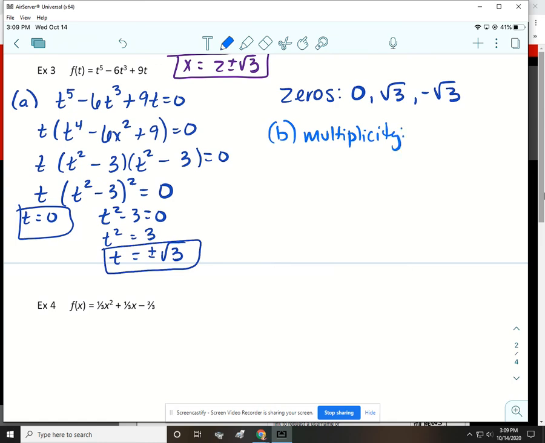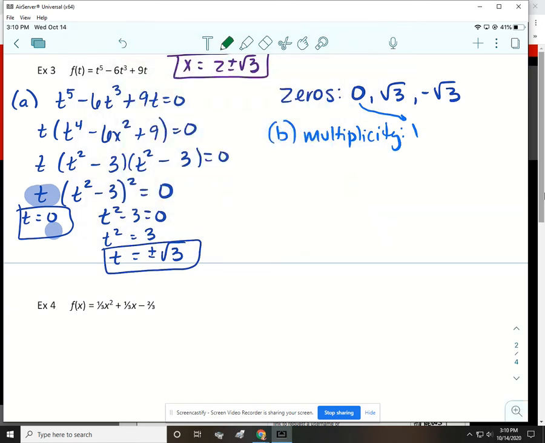Okay, when we go back to do the multiplicity, we look at the factors that gave us our zeros. So this factor of t gave us a 0 of 0. That t is not repeated. It doesn't have a power on it, so it has a multiplicity of 1. So 0 has a multiplicity of 1.